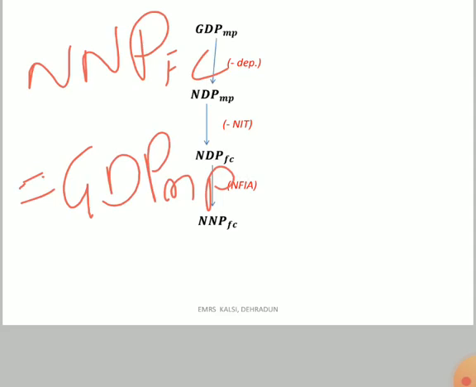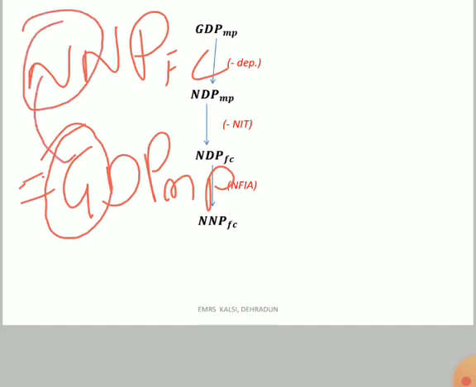We will see step by step, like we studied about the places, first place, second place. Here we are given gross, and we have to find net. So we have to convert gross into net. To convert gross into net, we have to subtract depreciation. By subtracting depreciation, we get NDP MP.